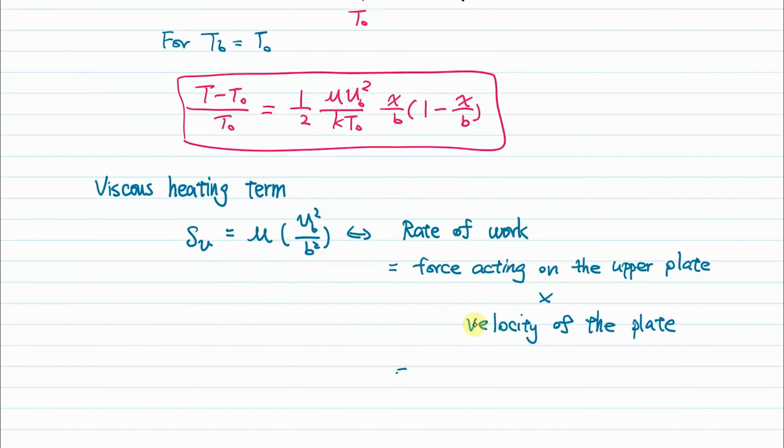So it actually equals negative tau xz times W L times VB.